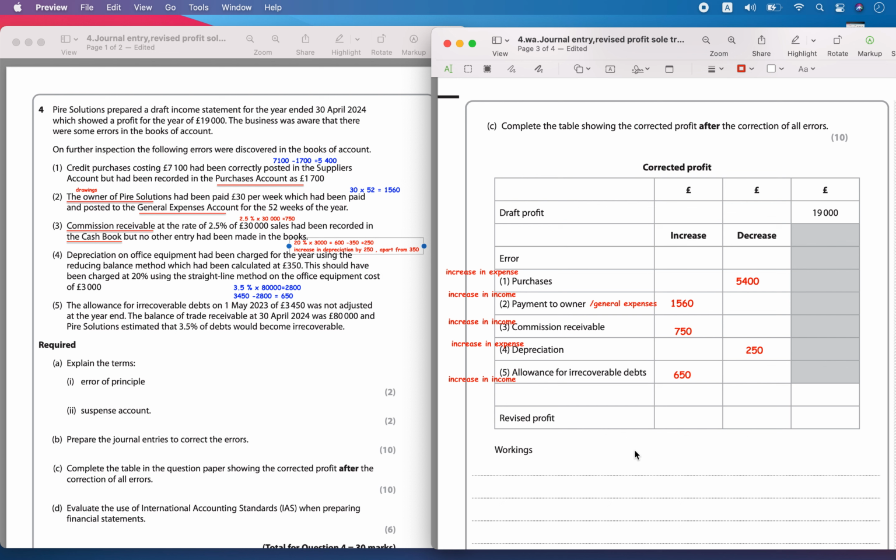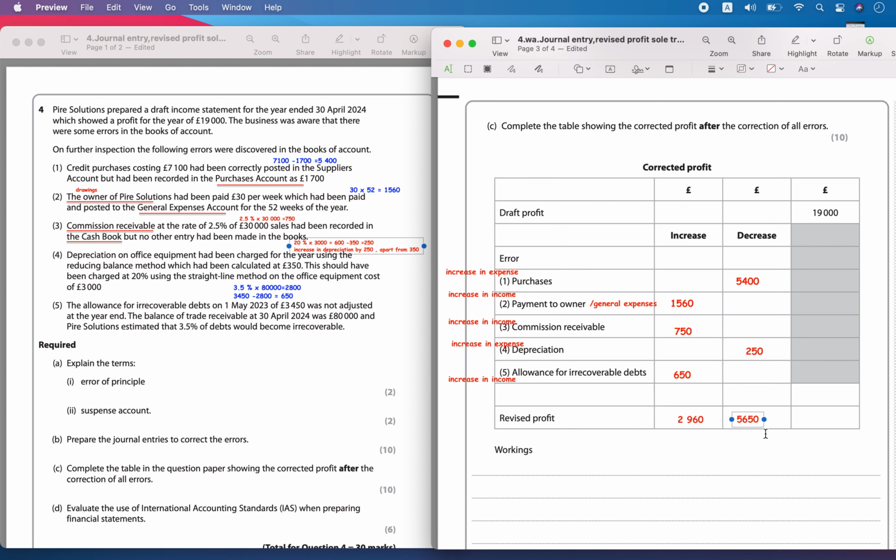Then let's add up all of this. So 1560 plus 750 plus 650, the value is going to be equal to 2960. And on this side, let's add up 5400 plus 250, it is 5650. Now let's add the increase and decrease.